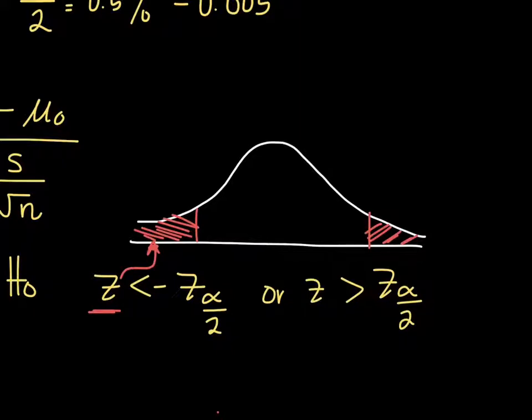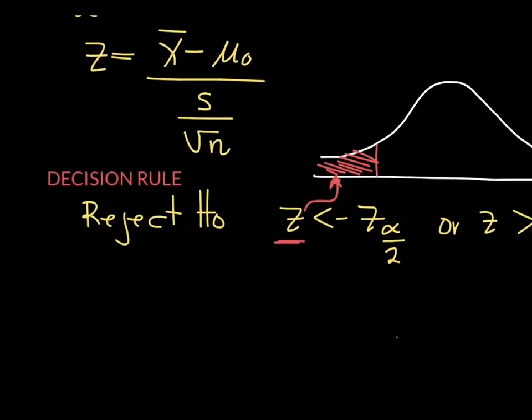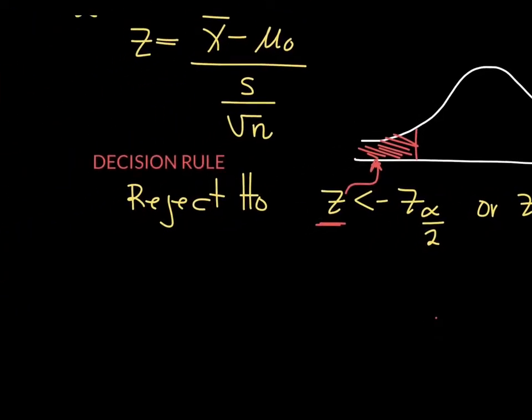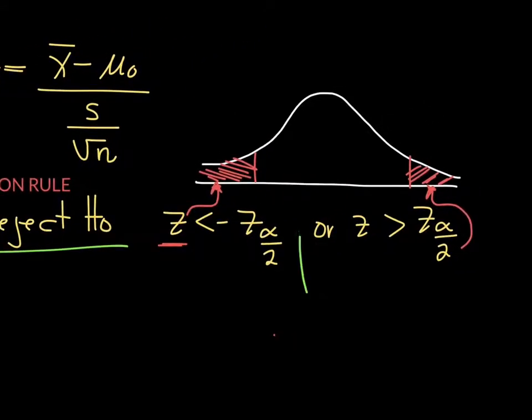When z is greater than z of alpha over 2, z is also in the critical region on the right. When that happens, the critical regions are the area of rejection, so we reject H0. If z is in between those two values, the conclusion is we fail to reject H0.